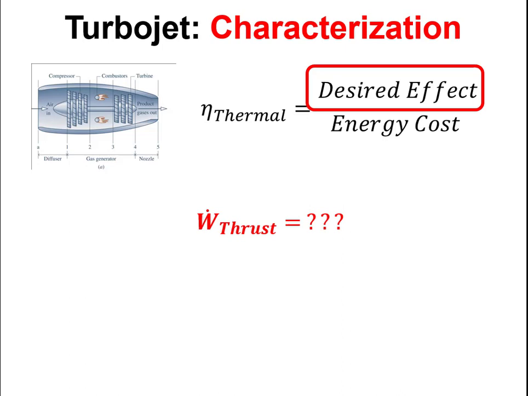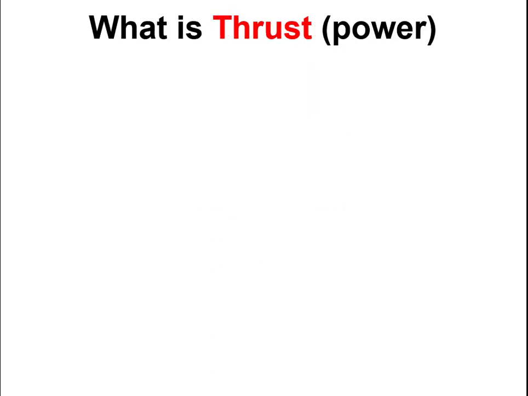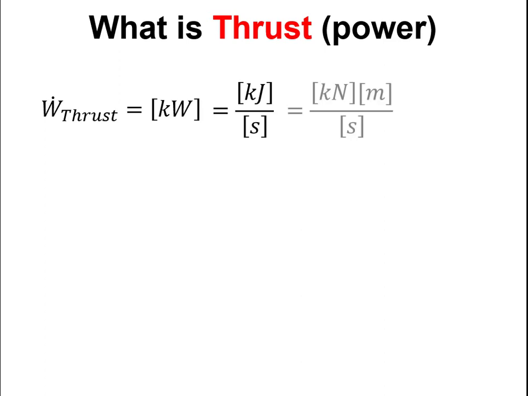But we said thrust was a force, and I need power here. So how do I get power, or how do I look at thrust as a power? So here I've got to take my kilowatts, which is kilojoules per second, or kilonewton meters per second. So if I have a force in kilonewtons, I have to multiply that by a velocity in meters per second. So my thrust power is going to be a force multiplied by a velocity.